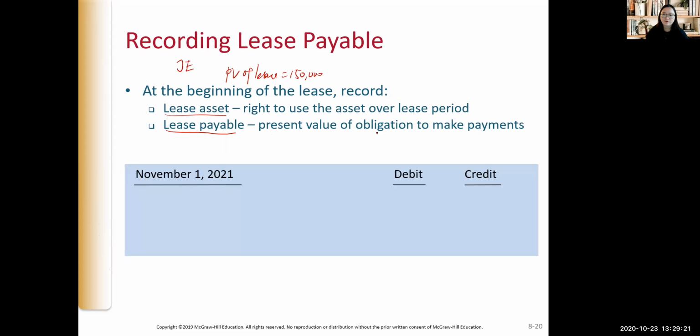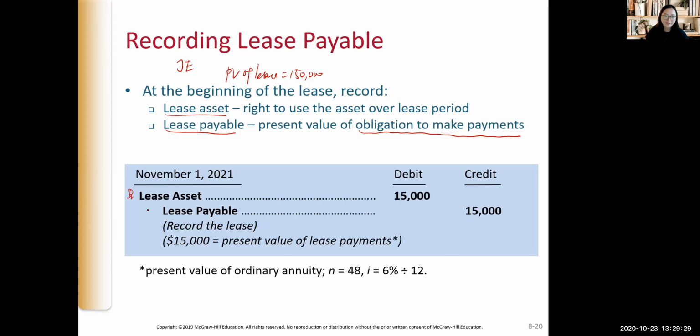It's the present value of the obligation to make the payments. So debit lease asset, credit lease payable for $150,000, the present value of an annuity with n equals 48 periods and an interest rate of 6%, but for each month, divided by 12. Okay.